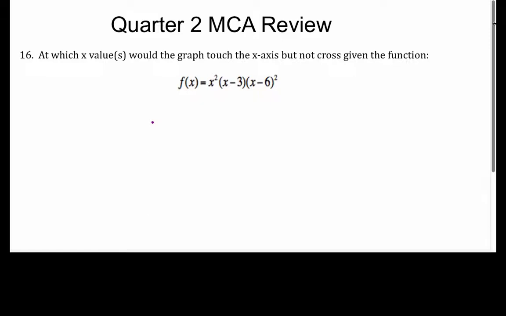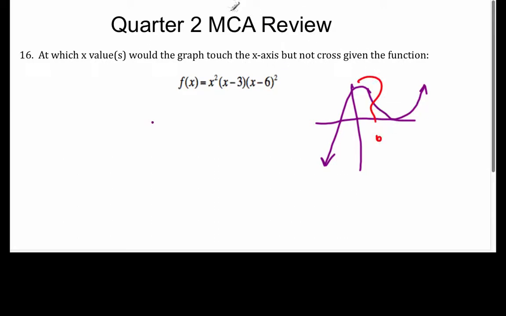In other words, when we say touch the x-axis, we mean that it's only going to come down and bounce right off of it. Maybe that happens at a couple different places, or maybe it crosses right through. I'm not too sure in this case because we haven't really gone through and checked it.